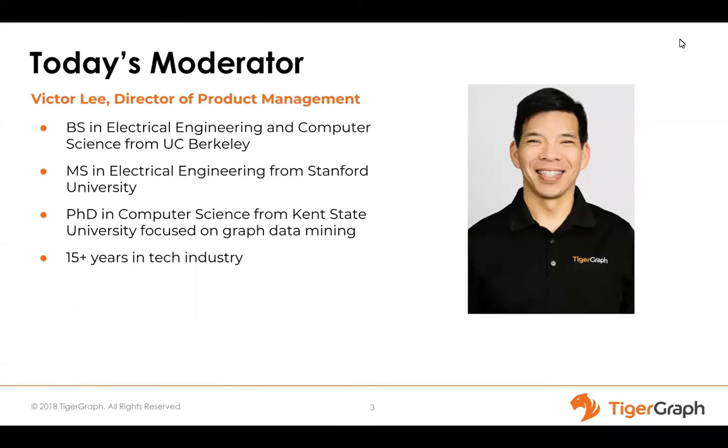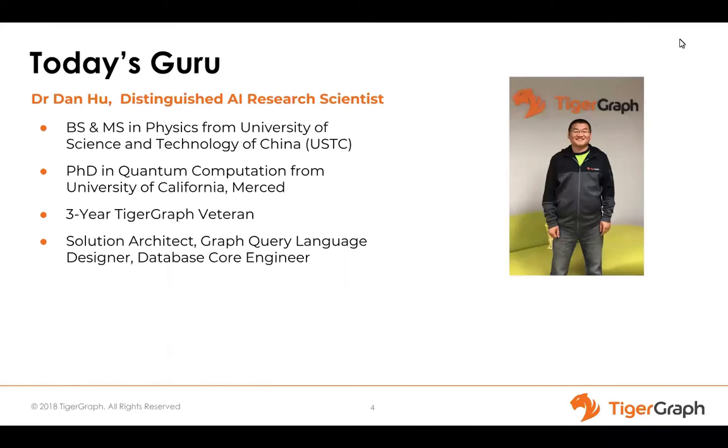I'm happy to be joined today by Dr. Dan Hu, who is one of our graph gurus. He is an actual quantum physicist, first studying physics in China and then at UC Merced.